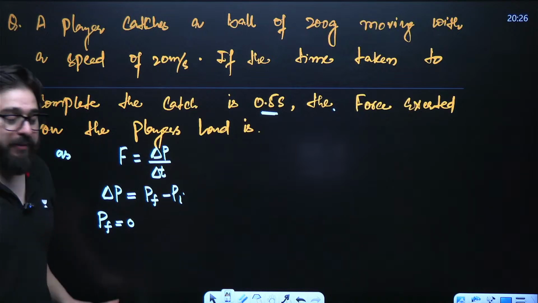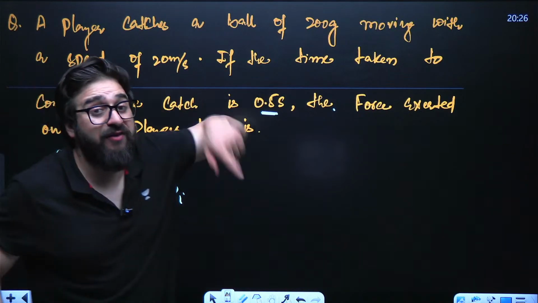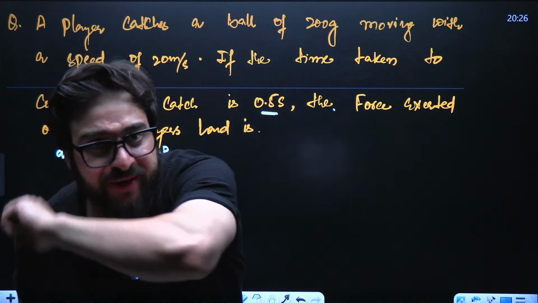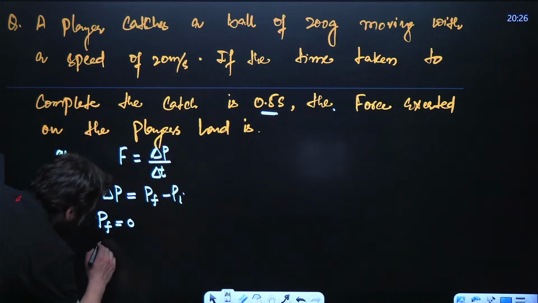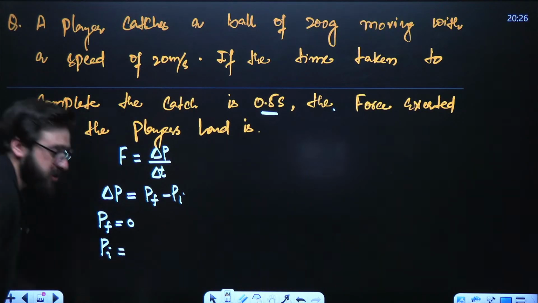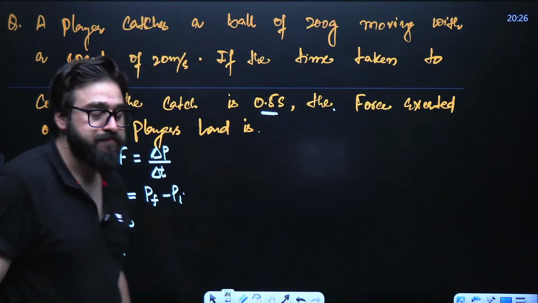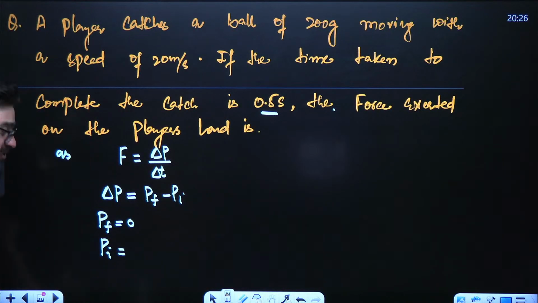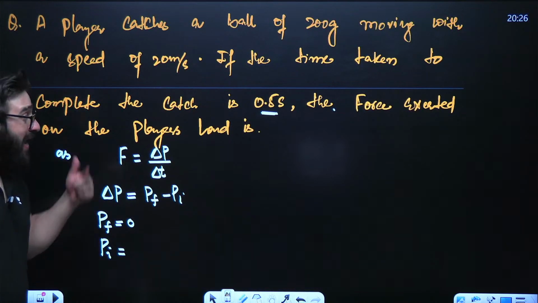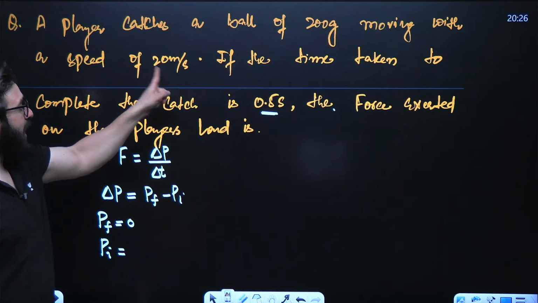Because mass into final velocity is final momentum. What is initial momentum? That is mass into velocity. How much is mass over here?